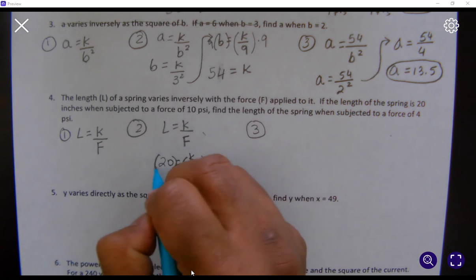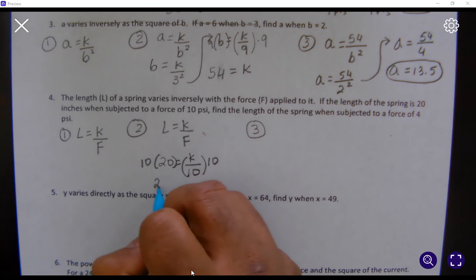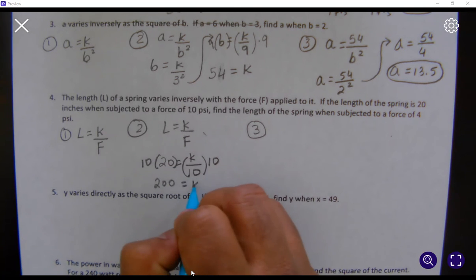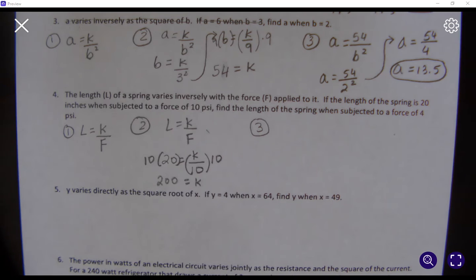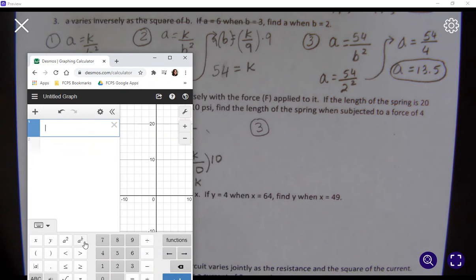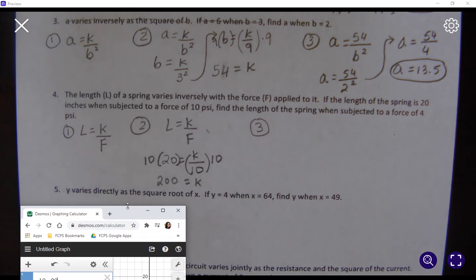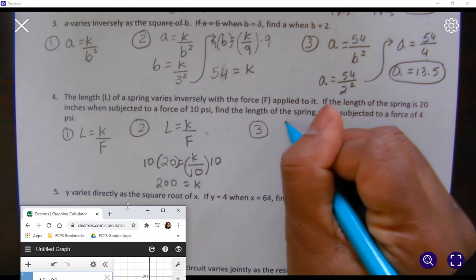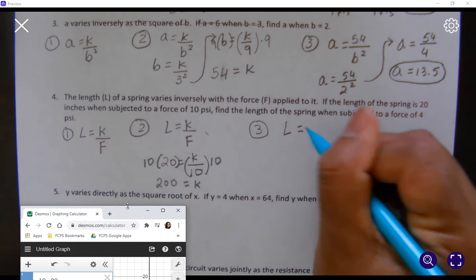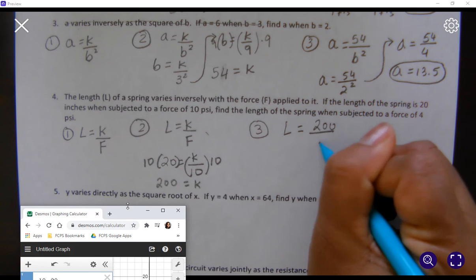So that's 200 equals K. 10 times 20. Okay. And then to find my new equation, I need to plug it back in my general equation. So you have L equals 200 divided by my force.